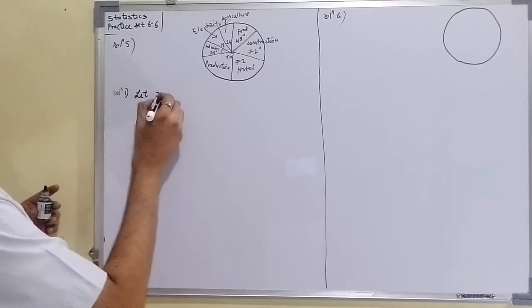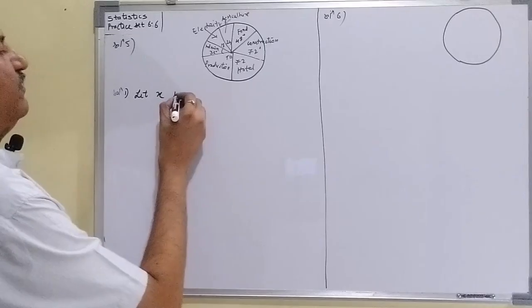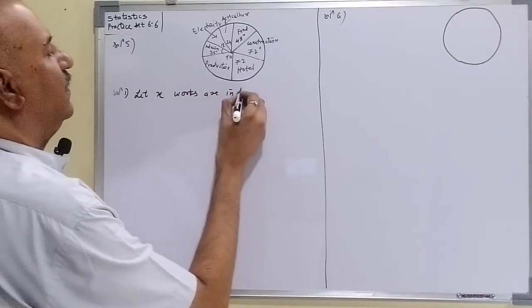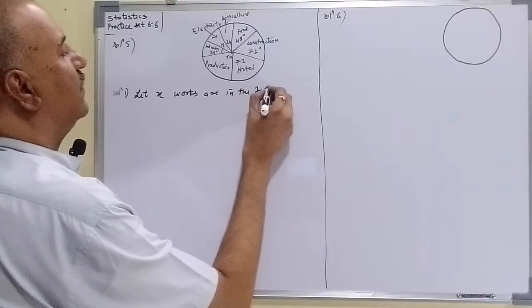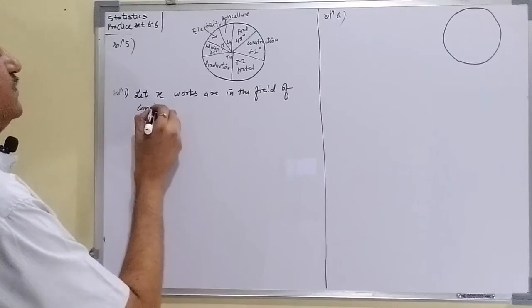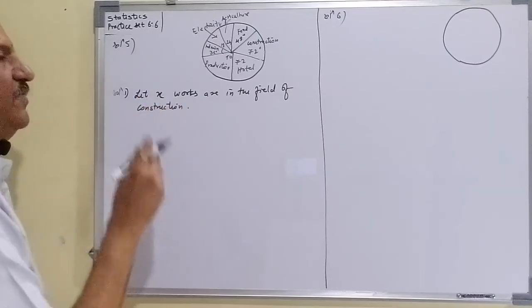Let X, हम जानते, we don't know, so X number of workers are in the field of construction. हमने assume कर लिया.